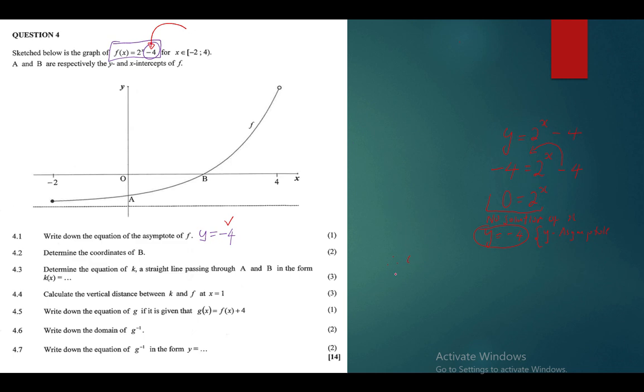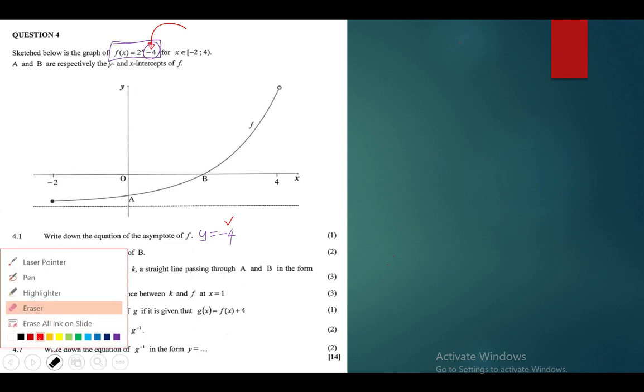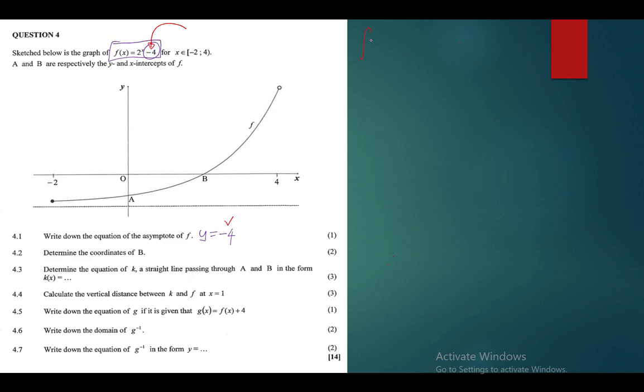So let's say, suppose we were asked to sketch this graph. Suppose the examiner just gives us this f of x. He says f of x equals 2 to the exponent x minus 4. Suppose we are asked to sketch this function f of x.